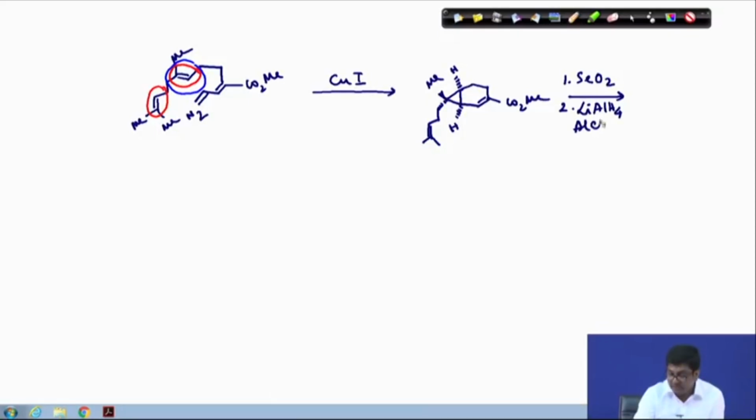First, selenium dioxide mediated allylic oxidation of this allylic methyl will be oxidized, this part will be oxidized. Okay. So, this part will be oxidized, and after that reduction, so that will eventually give this natural product. In presence of lithium aluminum hydride, the reduction will also occur finally and give the ester to the corresponding alcohol.